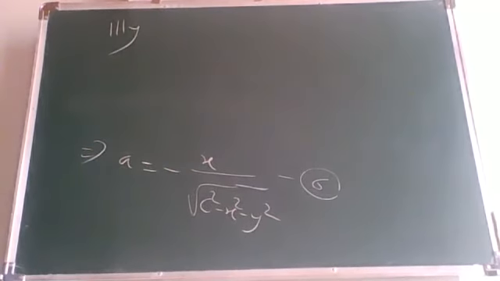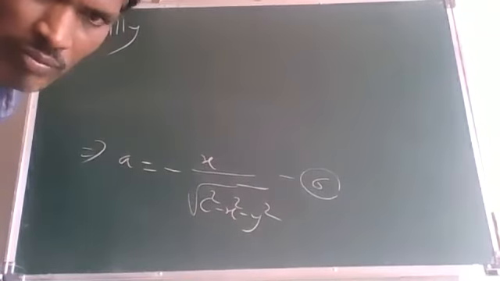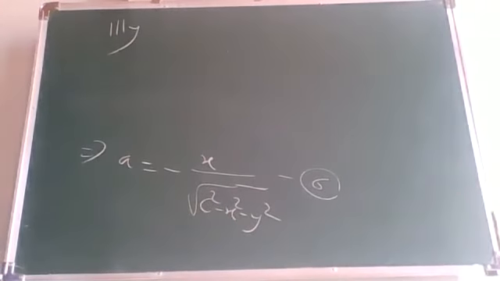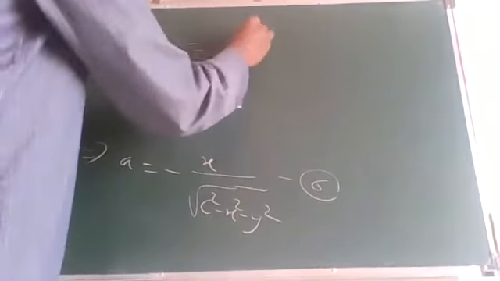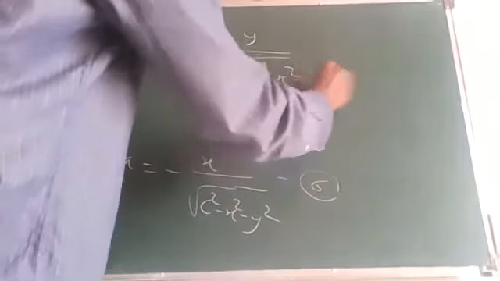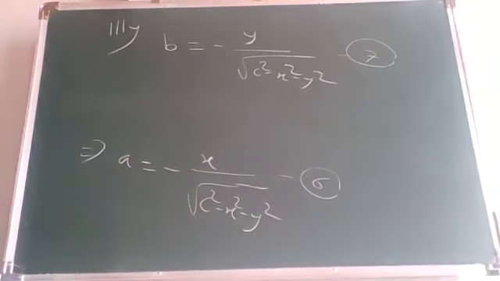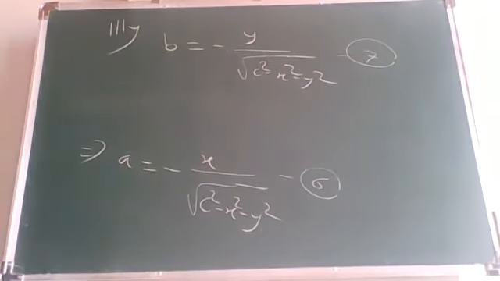Equation 5 in equation 3 we get, and the value of b is equal to minus y divided by square root of c square minus x square minus y square. Substituting equations 6 and 7 in equation number 2, we get the required singular integral.